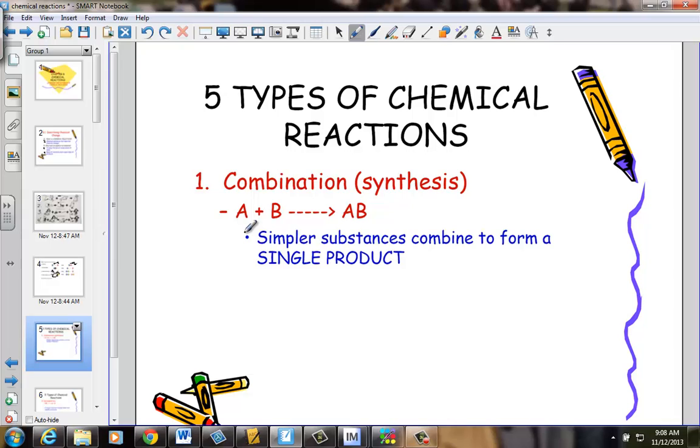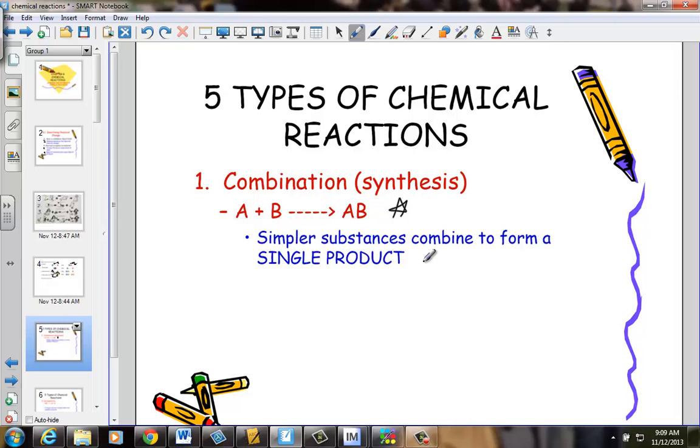We have element A reacting with element B, producing a compound, a single product, AB. I do want you to write that general pattern as well. Combination, A plus B forming product AB.